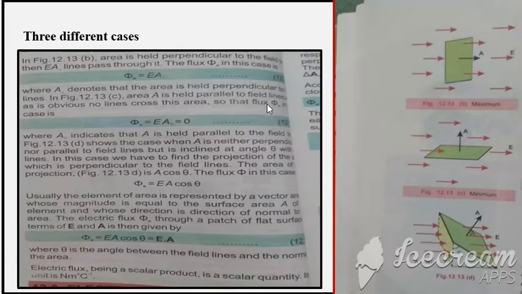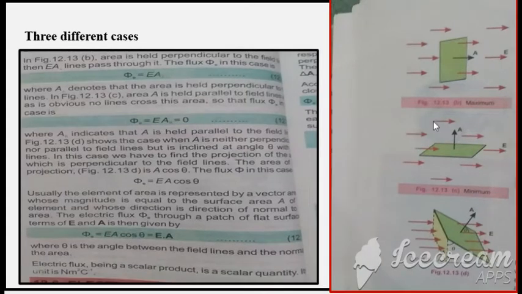As is obvious, no lines cross this area, so the flux phi in this case is equal to EA parallel. So electric flux through this area when it is placed parallel to the direction of electric field lines is zero.